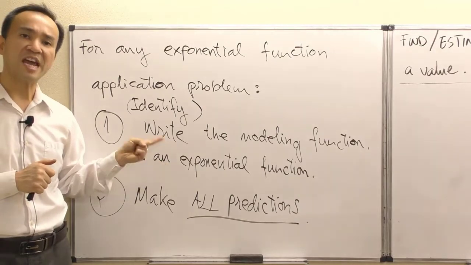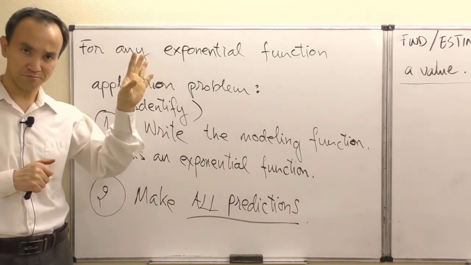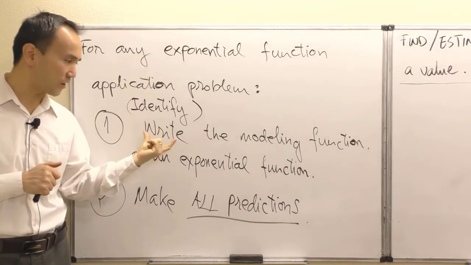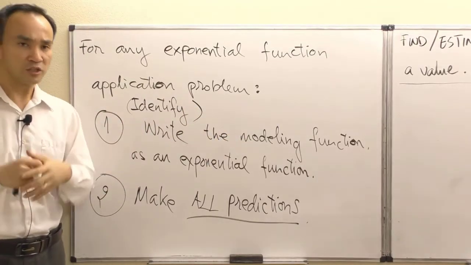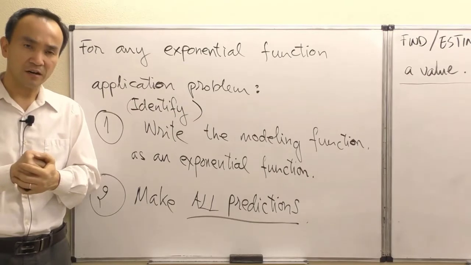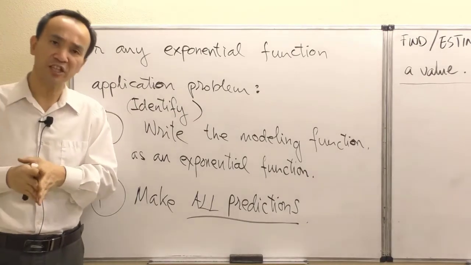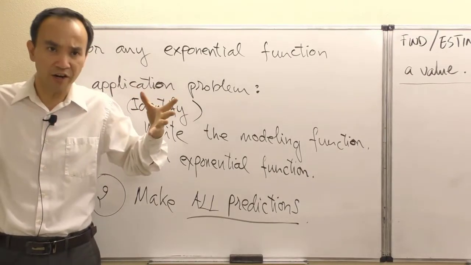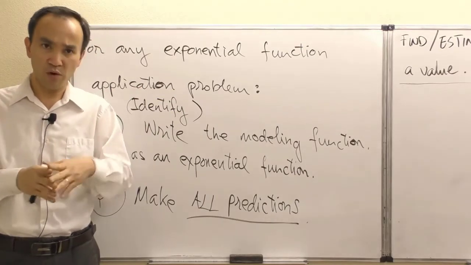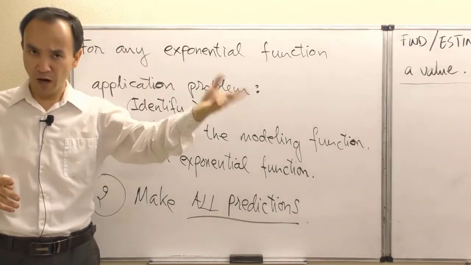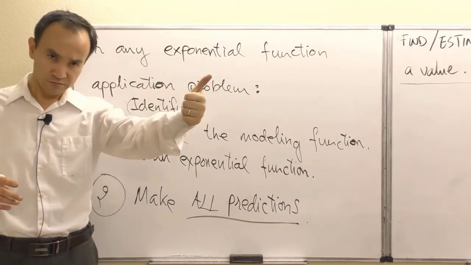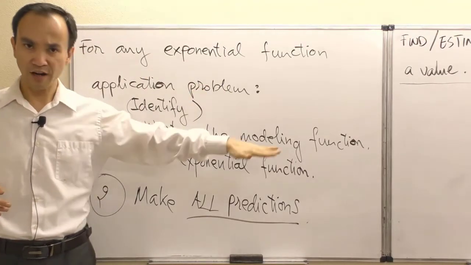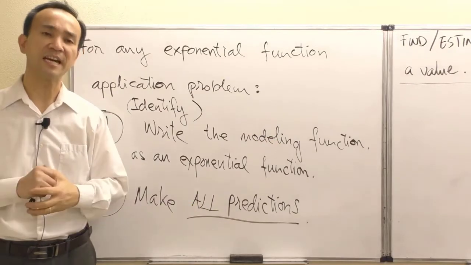We have to write the modeling function based on the data given, because we didn't have the function given. In any scenario, what matters is whether we have the function given. If the modeling function is already given, good, take that function and move on to the next step, step 2.